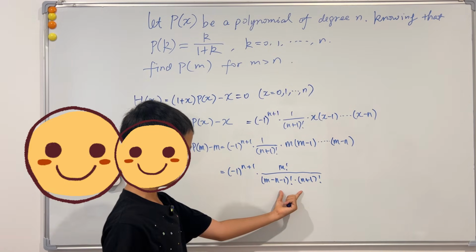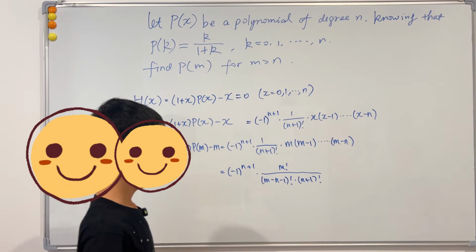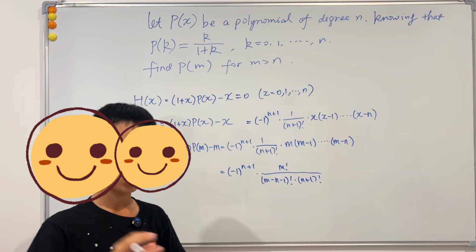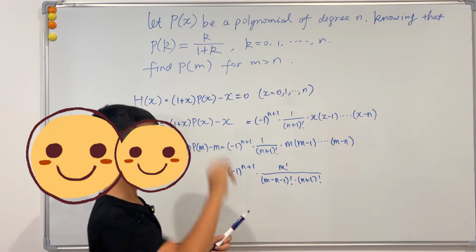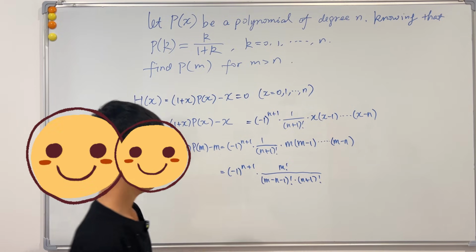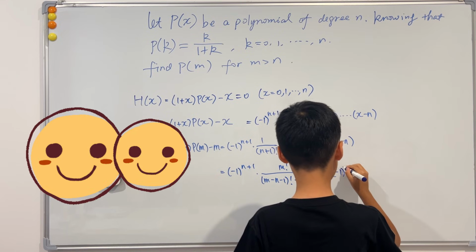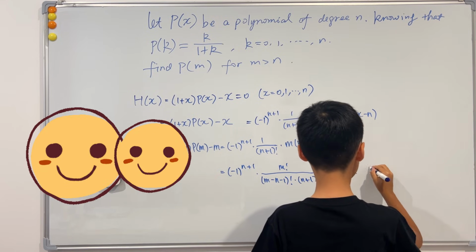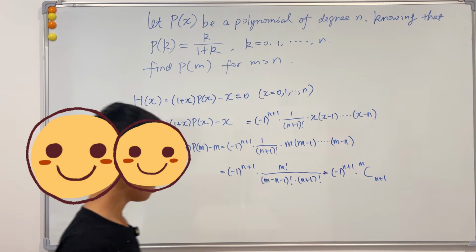Now, if we notice something, this is just c m n plus 1, right? m factorial over the bottom factorial, which is n plus 1 factorial, and then multiplied the top minus the bottom factorial. So this is equal to negative 1 n plus 1 times c m n plus 1, right?